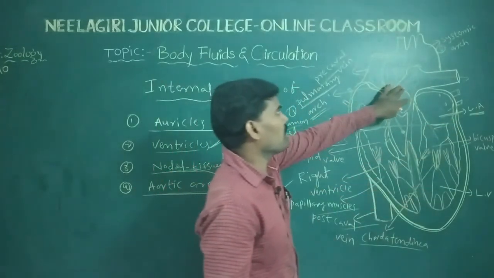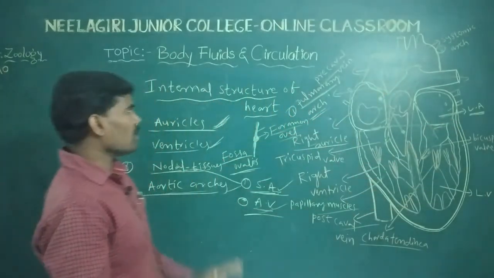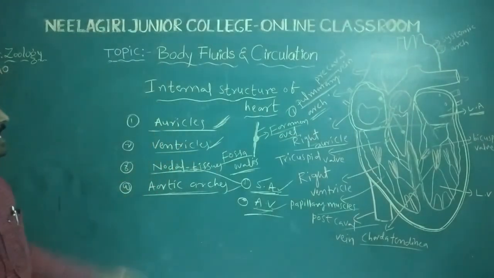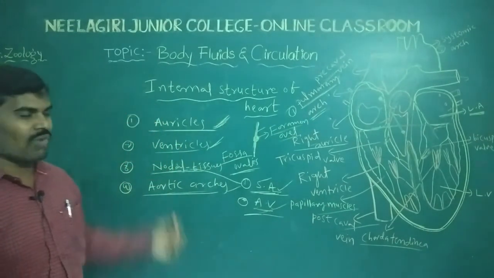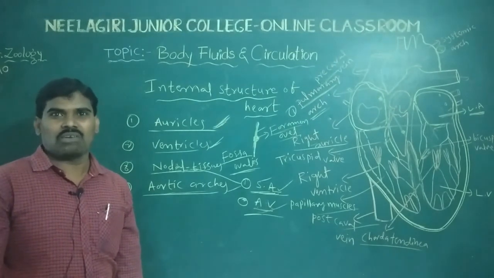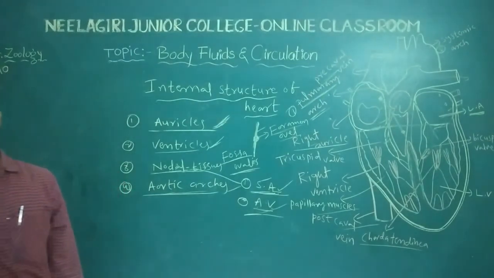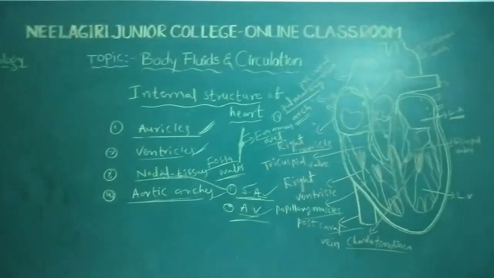See the pulmonary arch and systemic arch. We will discuss the internal structure of the heart completely. Next, the working of the heart, I will continue in the next class and next sessions.